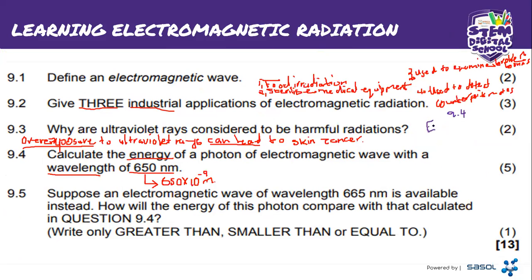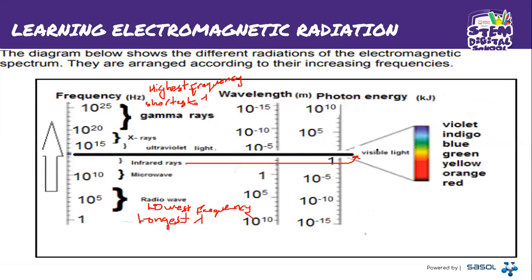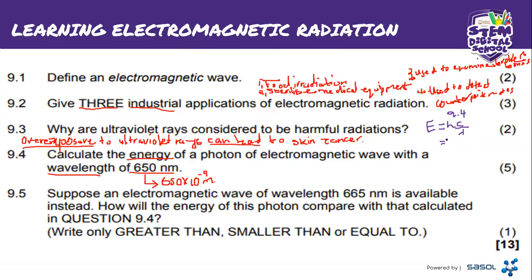So we will say E is equal to h multiplied by c divided by the wavelength. The value of h, we know it is Planck's constant from the data sheet, and c there as well. So you don't need to calculate them. You get them from the sheet. 6,63 multiplied by 10 to the power of negative 34.